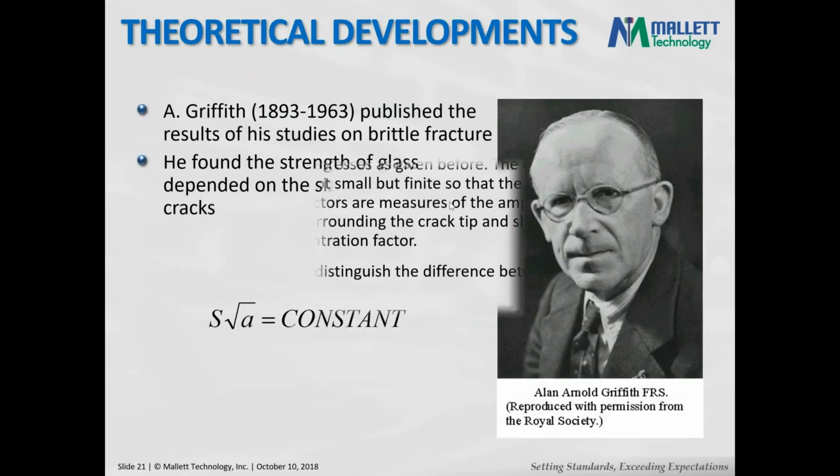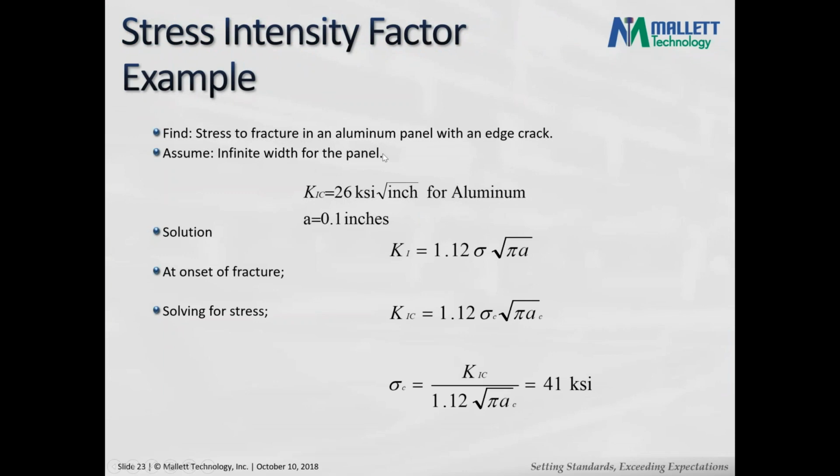So we get into a lot more details in the class, but here's a very simple hand calculation. Some of this you can do by hand calculation. Find the stress to fracture an aluminum panel with an edge crack. Let's say the edge crack is, I'm just making up numbers, 0.1 inches, and it's an infinite width panel, and K sub 1C for this material is 26 KSI square root of an inch.